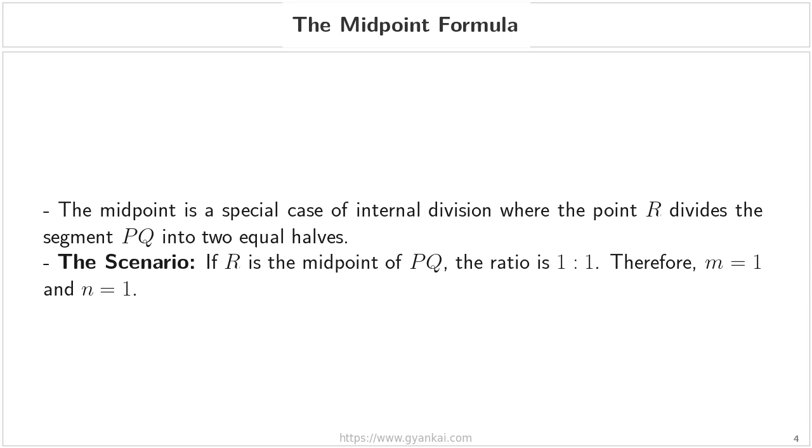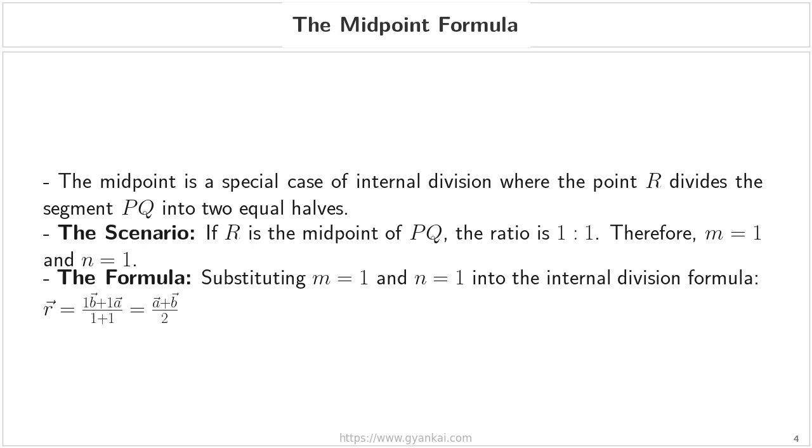In this specific scenario, because the two segments are equal, our ratio is simply 1 to 1. This means that our values for m and n are both equal to 1. If we take our internal division formula that we just learned, where r equals m vector b plus n vector a, all over m plus n, and we substitute our new values, replacing m with 1 and n with 1, something very elegant happens.